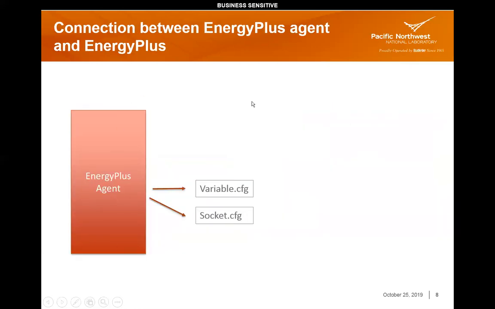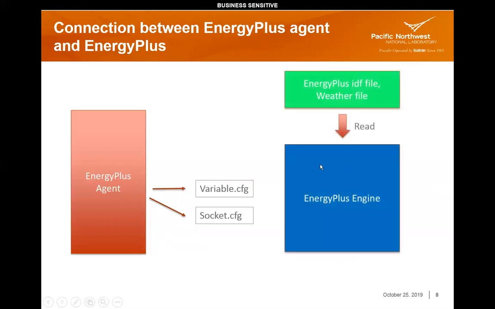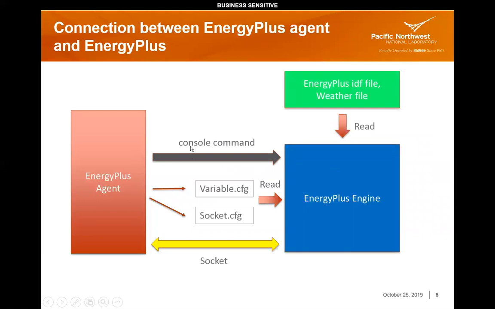And then once we have that information, the variable and socket CFG files will be automatically generated by the EnergyPlus agent. And then using the EnergyPlus agent, we read the IDF file and the weather file to call the simulation. And then the command will start the EnergyPlus agent, and those configs will be read by the EnergyPlus agent, and then the socket server will handle the runtime data exchange.